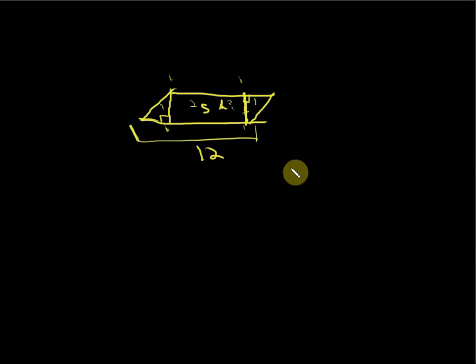So we can say that the area is 60 meters squared. But let's say I did not have the height that I was given. Let's see, this is 5.